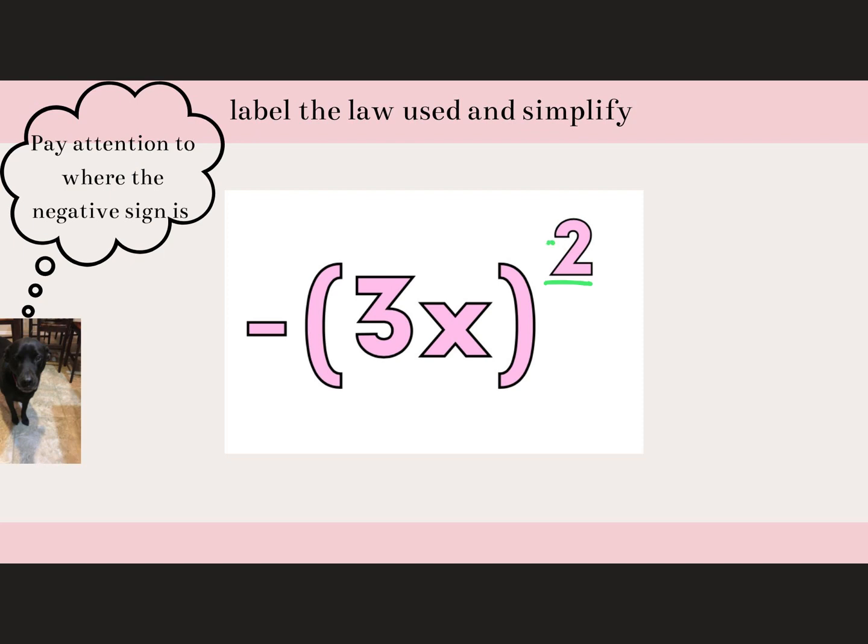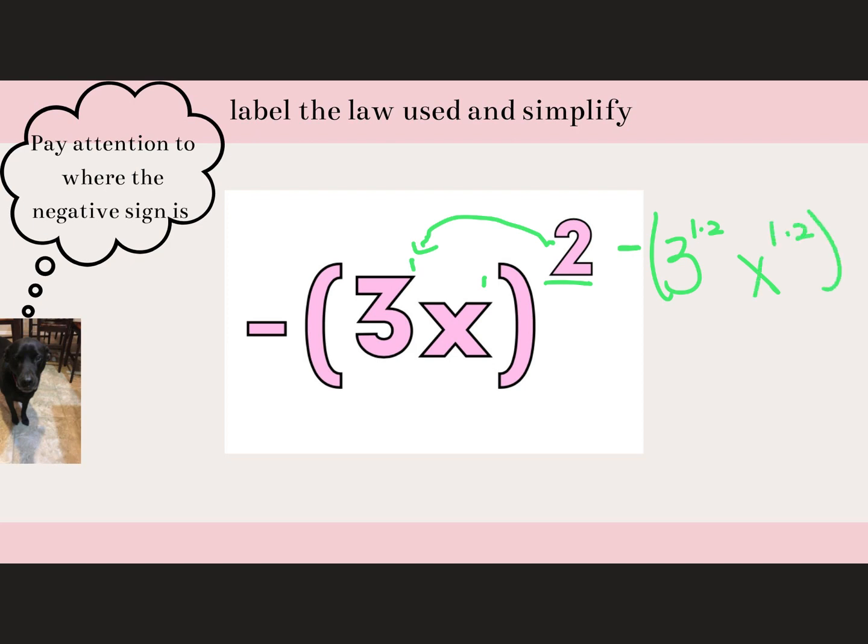So power of a power says that I simply am going to take that power and multiply my exponents. Remember, 3 right now is raised to the power of 1. X is raised to the power of 1. So first step is still, I'm going to keep this in parentheses because I do not want to forget about that negative sign. So I have 3 to the 1 times 2, and x to the 1 times 2.